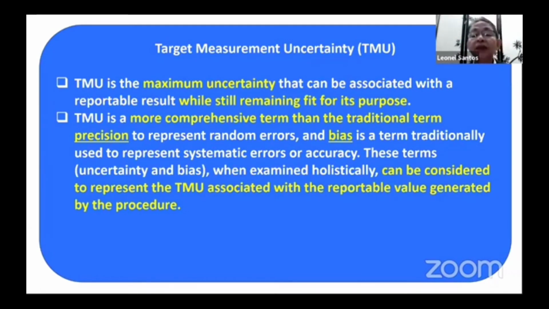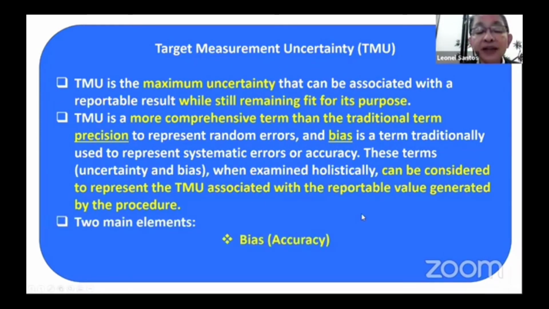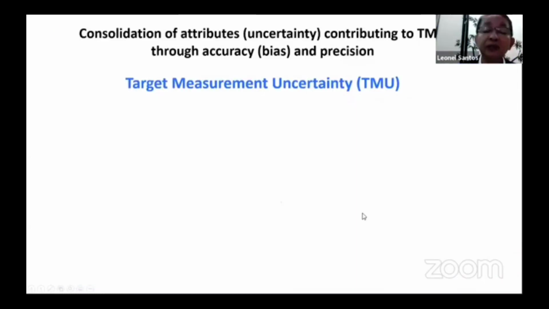So TMU can be considered to represent all the associated factors that affect the ATP. So the two main elements in target measurement uncertainty would be the bias or accuracy and precision.